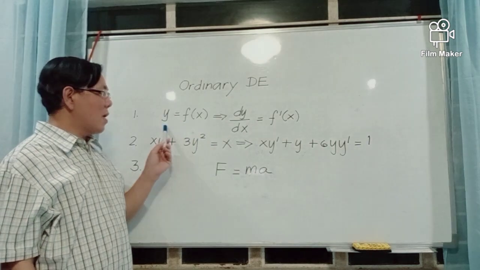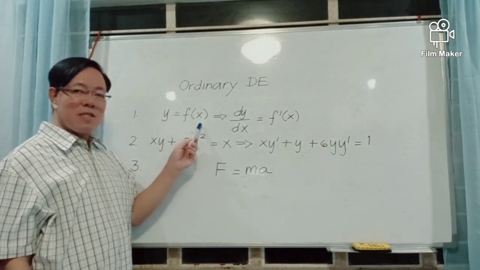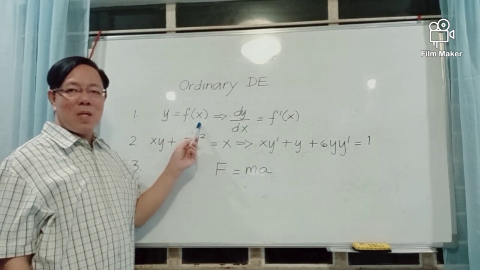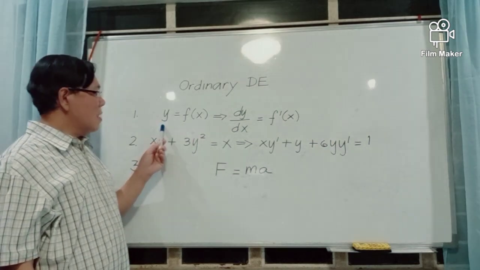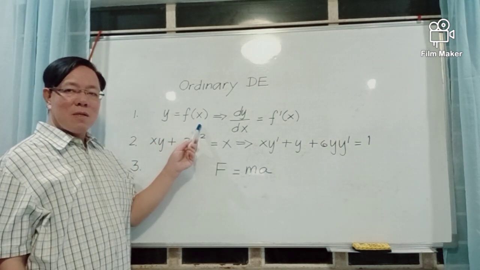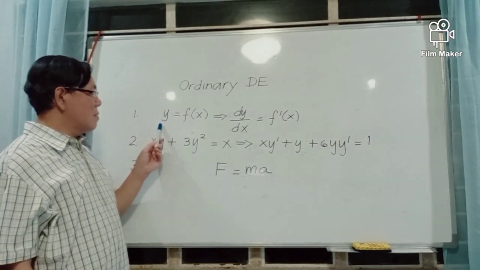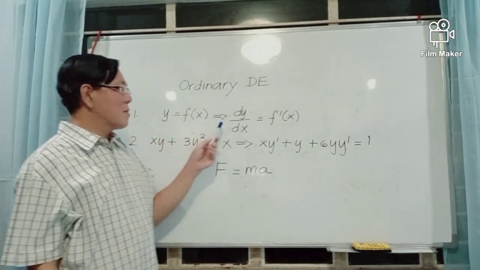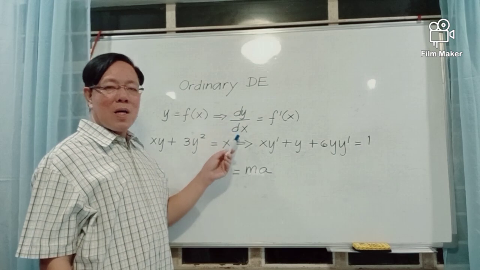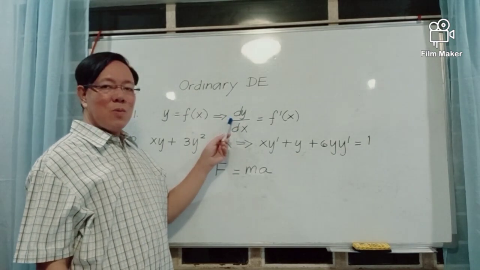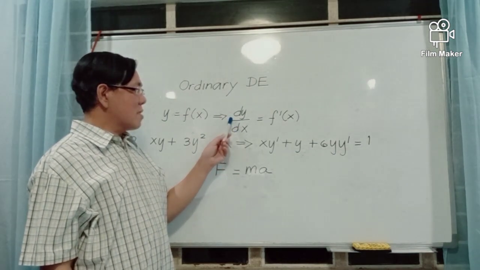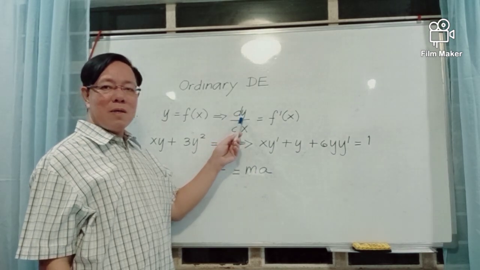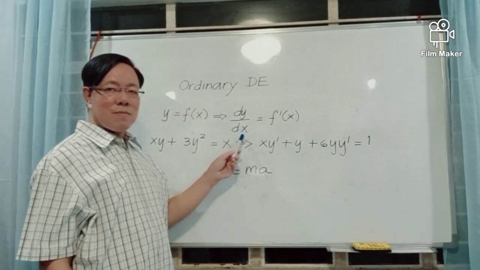Y is a function of a single independent variable x. And we differentiate this equation, the derivative of y with respect to x, we denote by dy dx. dy dx represents the derivative of y with respect to x.